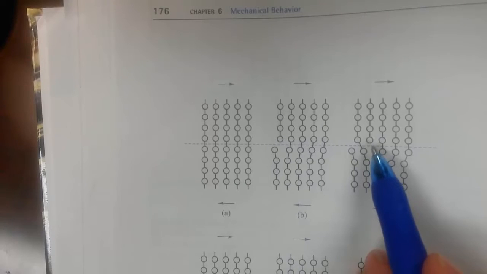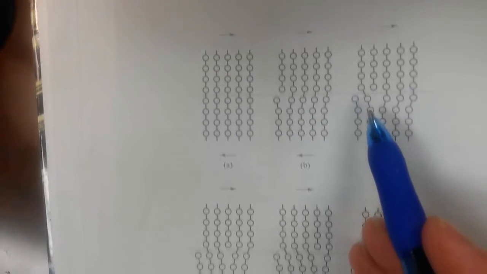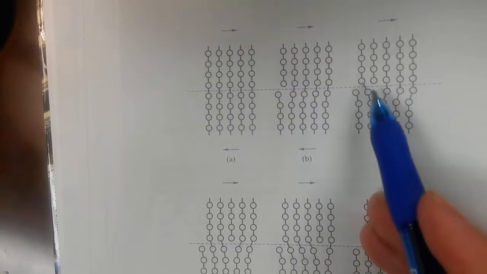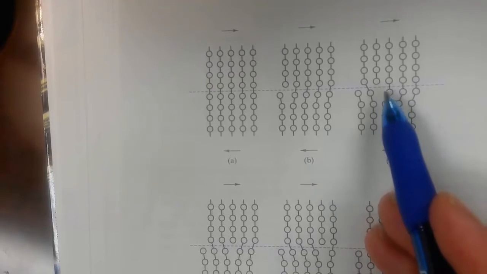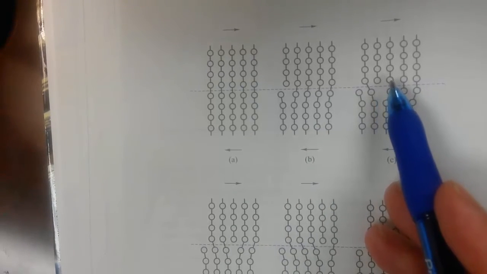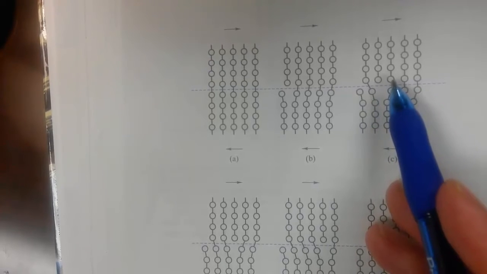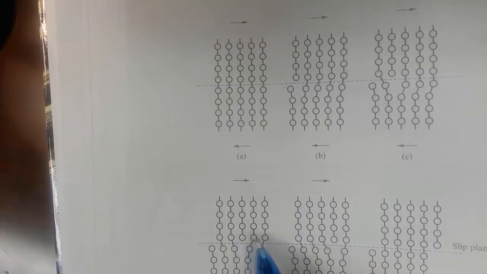So now the dislocation has moved one step to the right, and this process will repeat, where the bond between those two atoms will break. Here we'll have a reformation between that atom and that atom, leaving that line of the dislocation free.